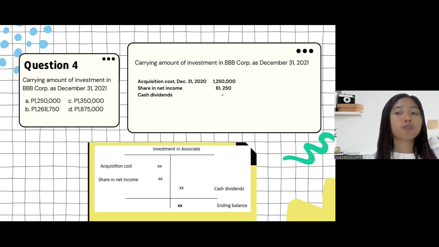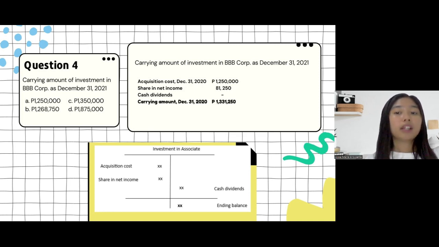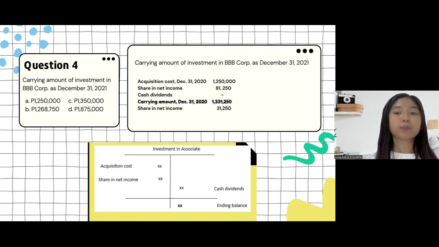BBB doesn't have cash dividends for the year 2020, so that will be 0. Thus, the carrying amount as of December 31, 2020 is 1,331,250, which will also serve as our acquisition cost for the year 2021.